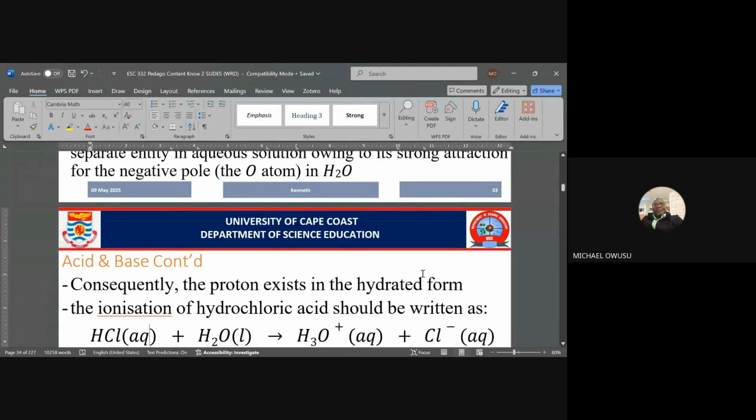The water itself will be ionized to produce the H plus, and then the HCl will ionize to produce the H plus, and the H plus will be added to the water to make the H3O. That is, we already have H2O, and then there's another H plus coming in, making H3O plus. What name do we give to the H3O plus? Hydronium ion. Hydronium ion. That's it.